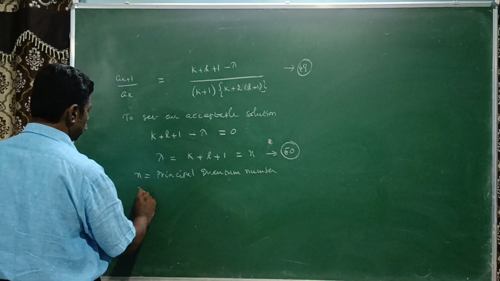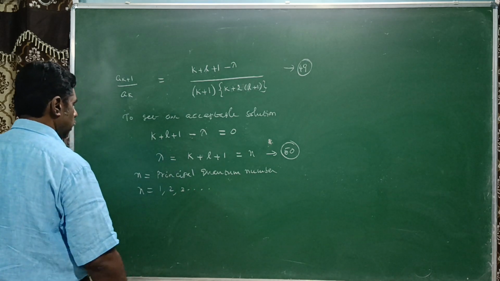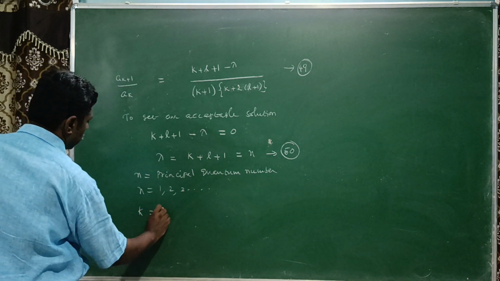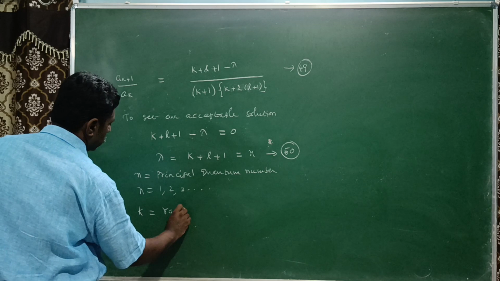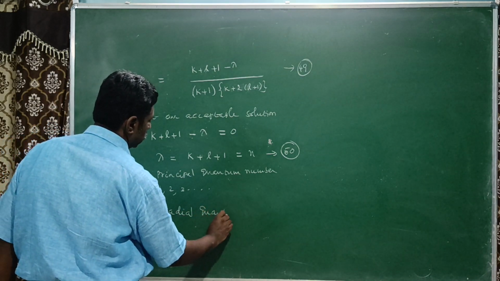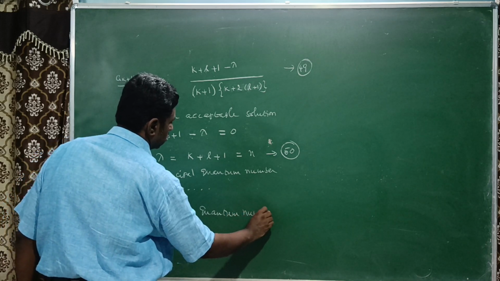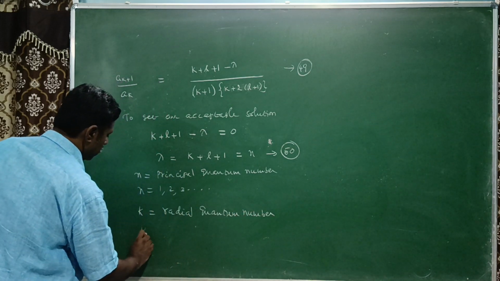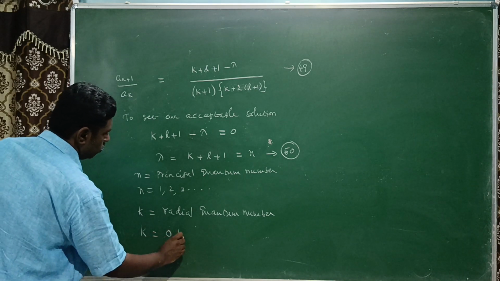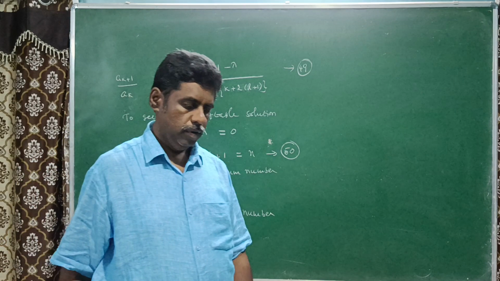The value of n equal to 1, 2, 3 and so on. k is our radial quantum number. The value of k equal to 0, 1, 2 and so on.